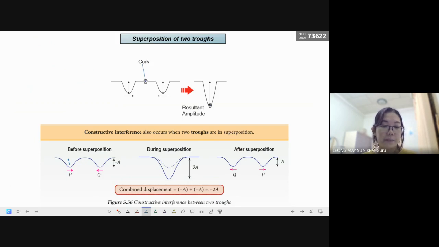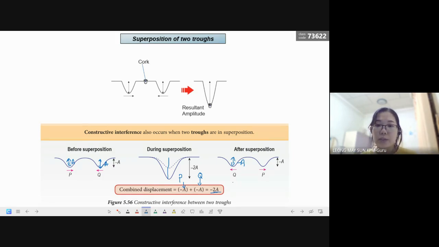The amplitude is also A, but this time because it's going downward, that's negative, so here is also negative A. When it superimposes, it will become negative 2A: negative A from wave P and negative A from wave Q. Then after superposition, it will go back on its own path with the same amplitude of negative A. So this is also a constructive interference pattern.